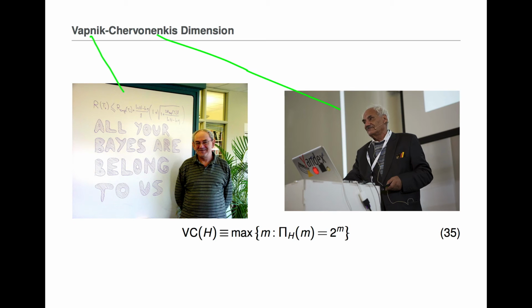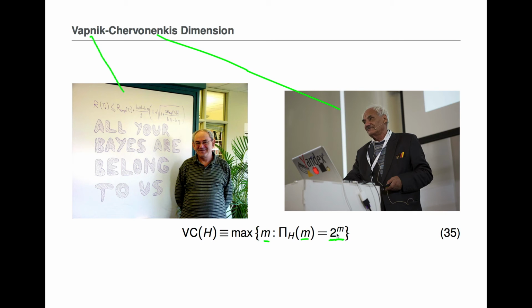They created a way of characterizing the complexity of hypothesis classes in terms of what's called the VC dimension. And the VC dimension is the largest example size that can be fully shattered by a classifier.